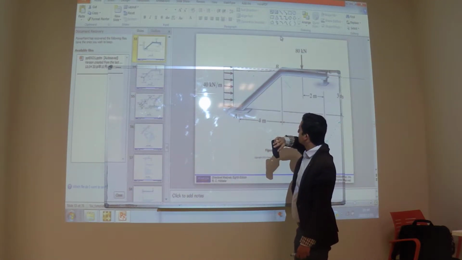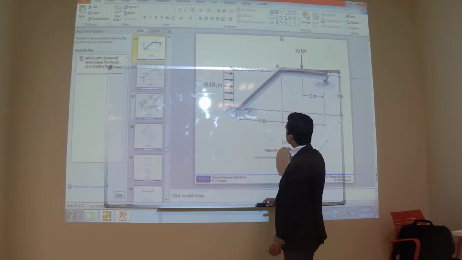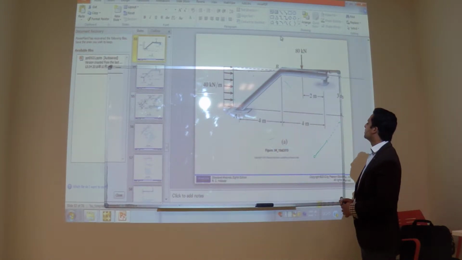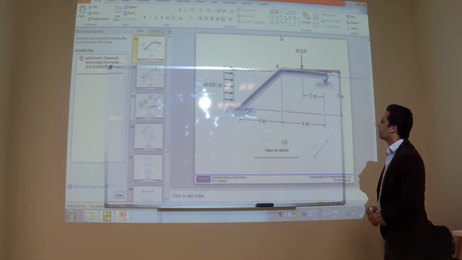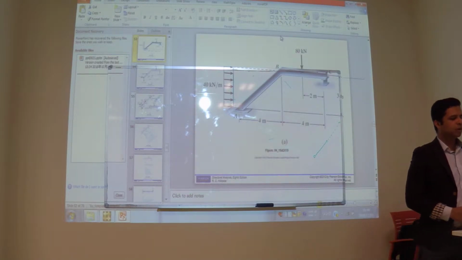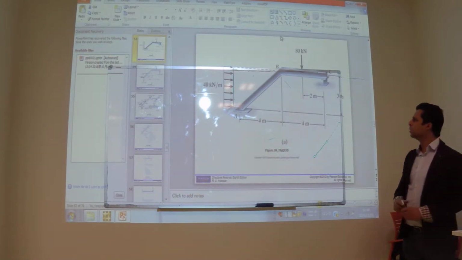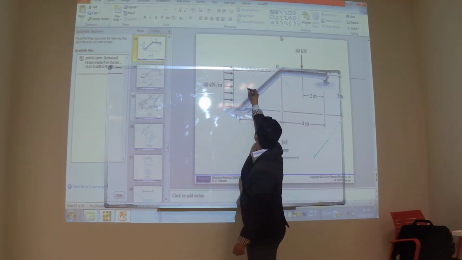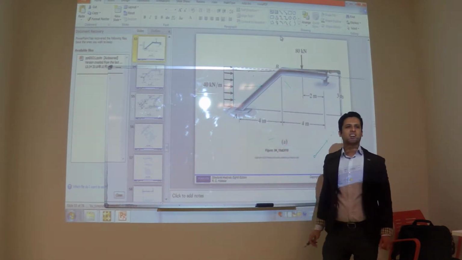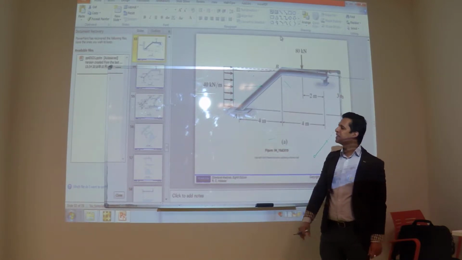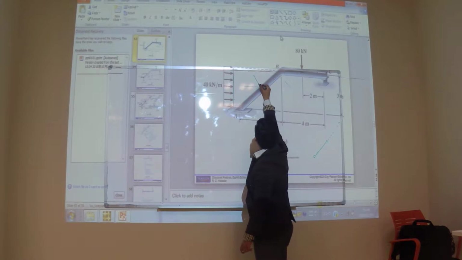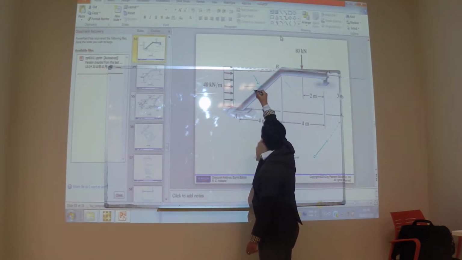How do we convert to unit length? 40 kilonewton cosine, 3 over 5 kilonewton per meter. First, you should convert this load. There are two ways. One thing, you can convert this load into a point load, like this. Or convert it into this load and now make it into two components. One component and this will be the other component.